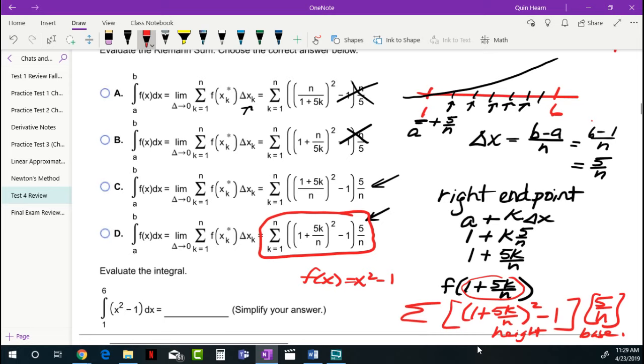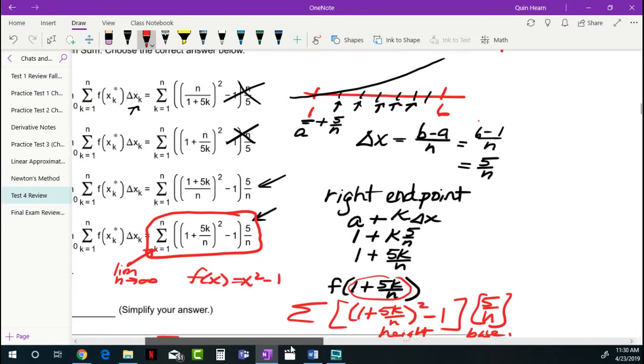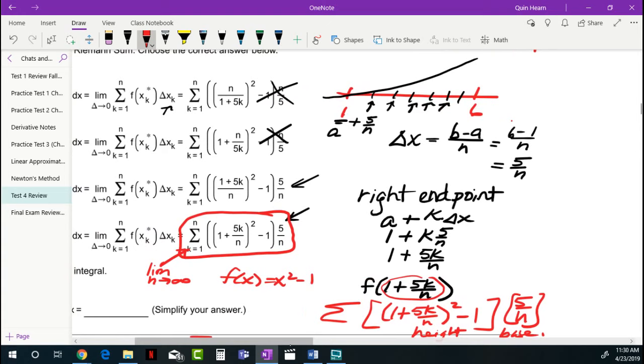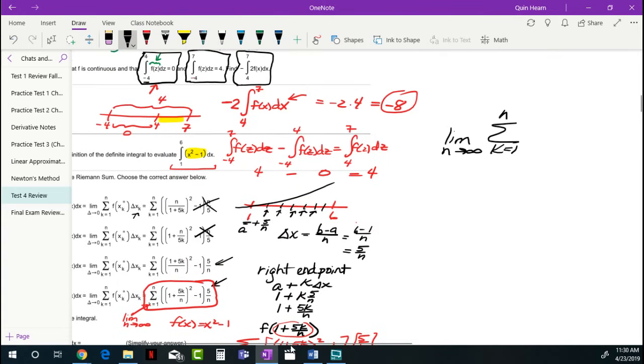If you plug this into that function, you're going to get 1 plus 5k over n squared minus 1. So this is the height, and then you multiply it times the base of the rectangle, 5 over n. You add all of those up and take the limit to infinity, and you get your integral. And so it looks like that would be D, where we see that summation.